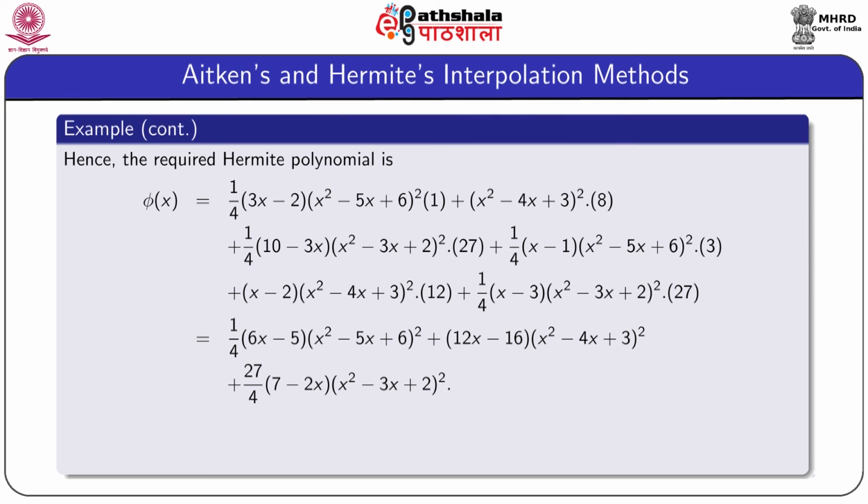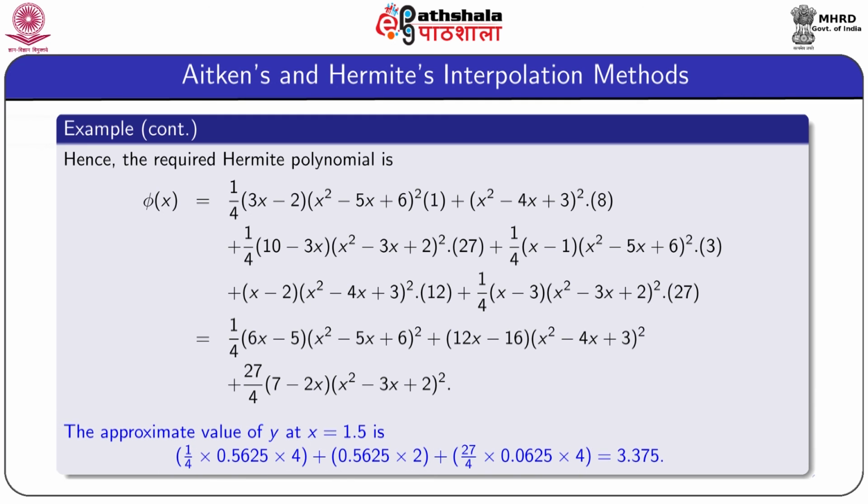So, this is the partial simplification, and note that each term is a polynomial of degree 5, and it is obvious as per the theory of Hermite interpolating polynomial. This polynomial contains 3 terms, each term is of degree 5. So, after final simplification we get a polynomial of degree 5.